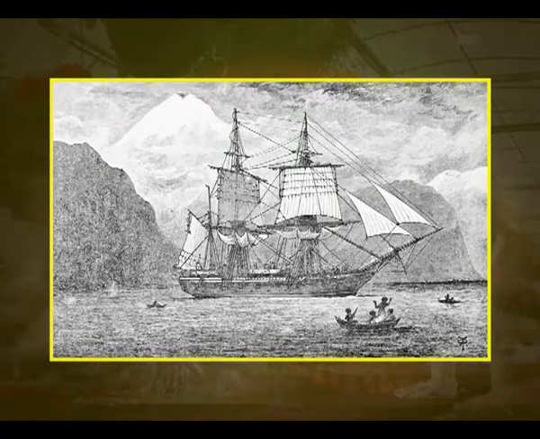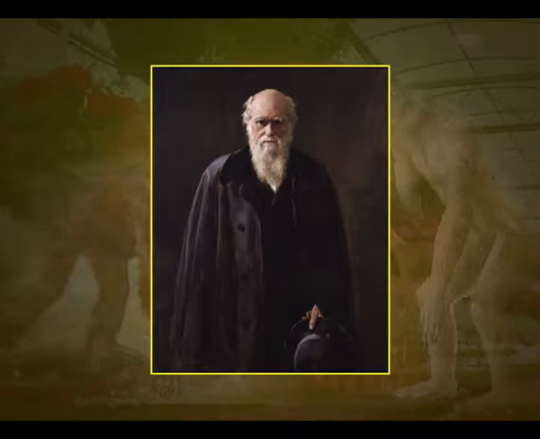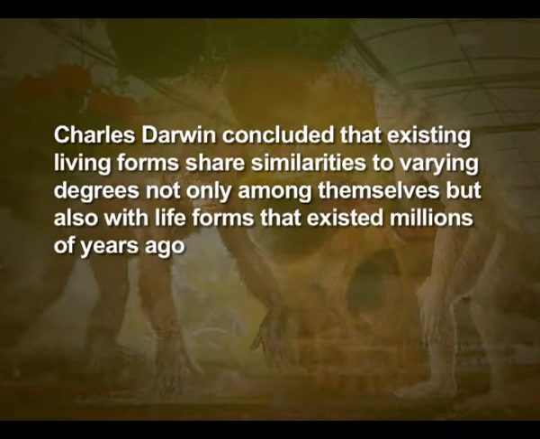Based on observations made during a sea voyage in a sail ship called HMS Beagle round the world, Charles Darwin concluded that existing living forms share similarities to varying degrees, not only among themselves but also with the life forms that existed millions of years ago.